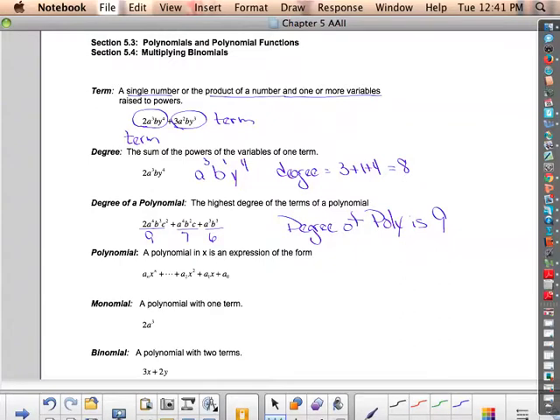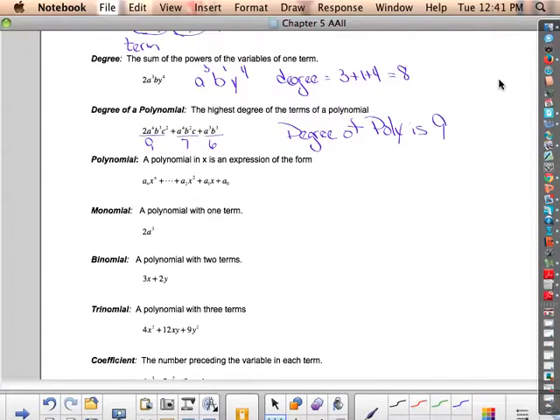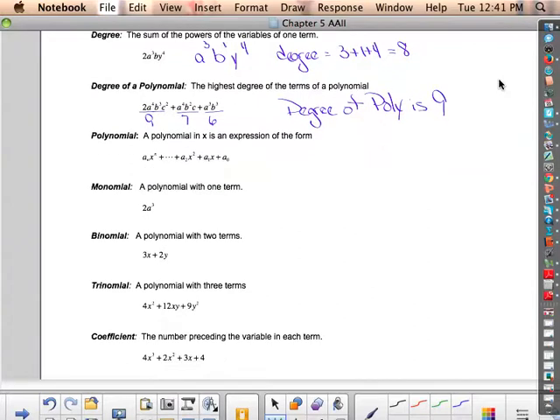Now, a polynomial is defined to be a sub n x to the n plus, remember all those dots, those 3 dots mean that that's all the terms in between. And this takes you all the way down to a sub 0 x to the 0, and we don't write the x to the 0 there.